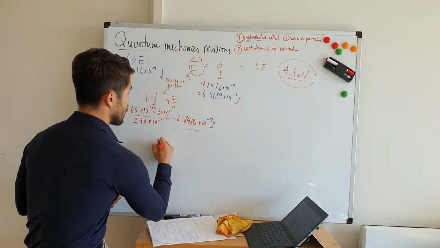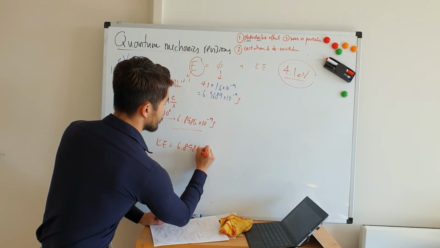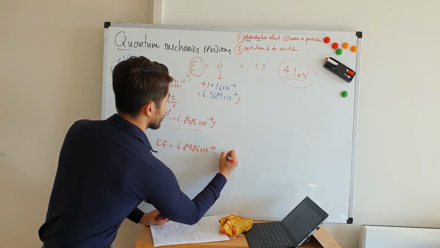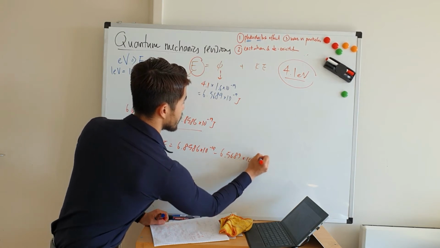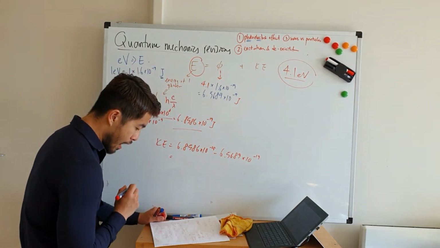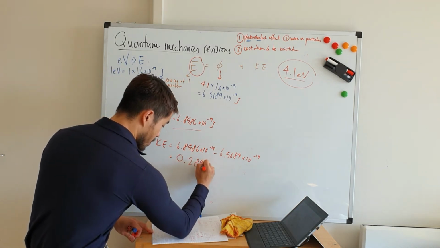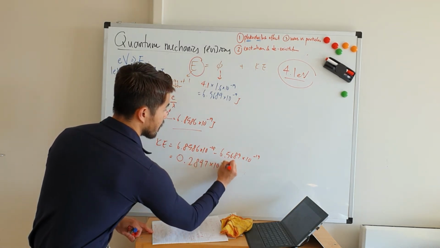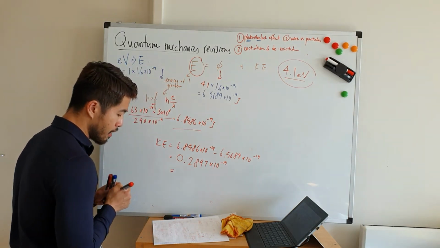So kinetic energy will be equal to 6.8586 times 10 to the power of minus 19 minus 6.5689 times 10 to the power of minus 19. So this is going to give us 0.2897 times 10 to the power of minus 19. So the question is asking you to go back to eV.